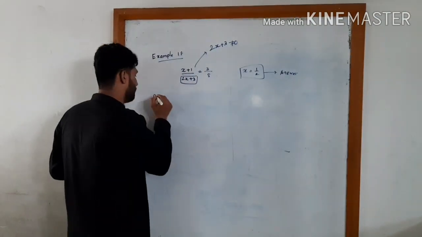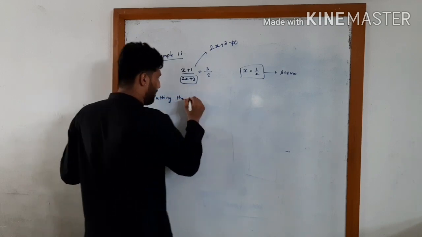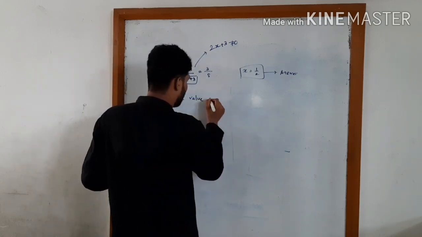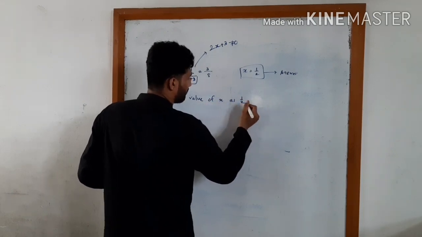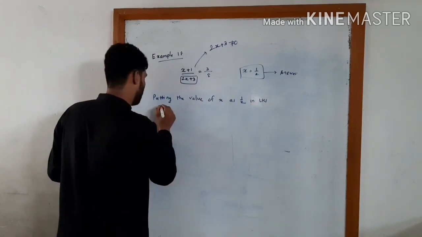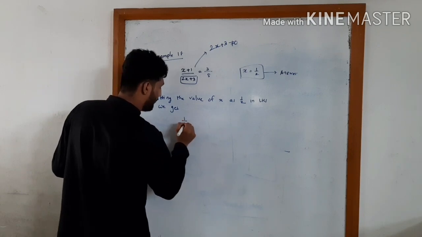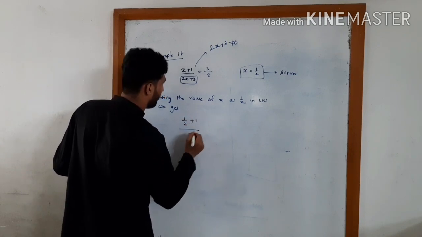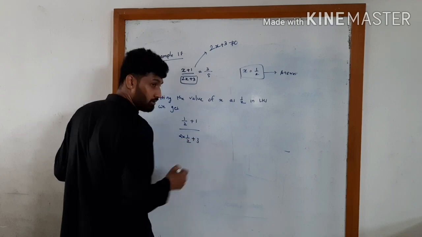So putting the value of x as 1 by 2 in LHS, we get 1 by 2 plus 1 upon 2 into 1 by 2 plus 3.